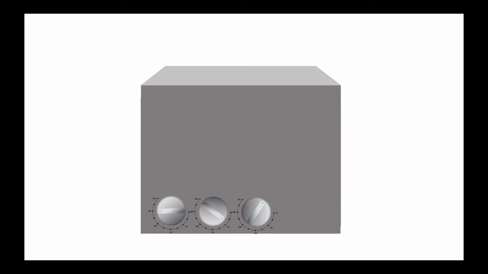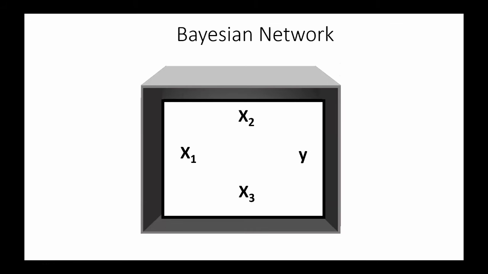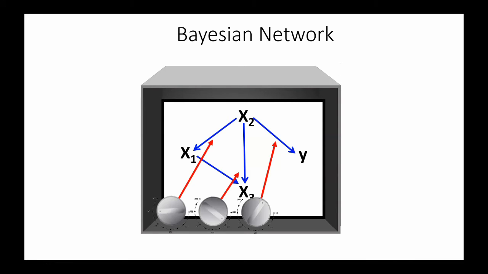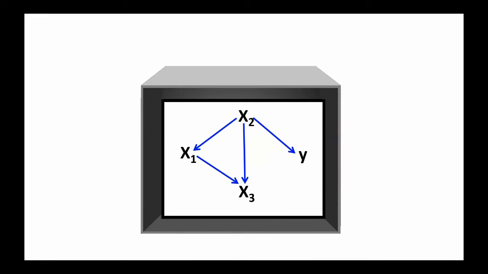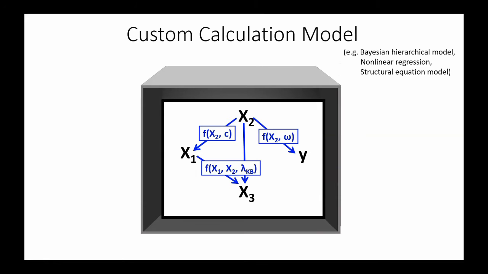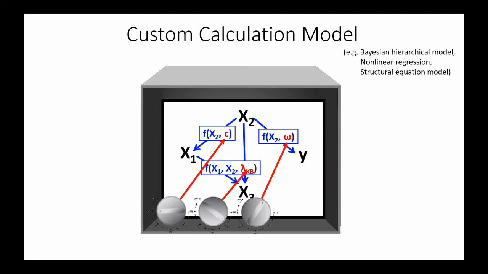For instance, with a Bayesian network, we specify in which directions variables affect each other. This allows us to learn some conditional probabilities. If we, however, spend the time to specify the functional form of these relations, using one of the custom calculation models, then we can learn some more meaningful parameters, such as important constants from the observed system.